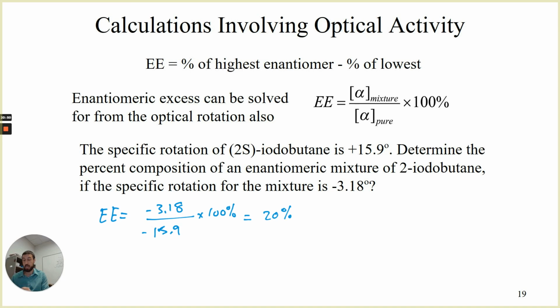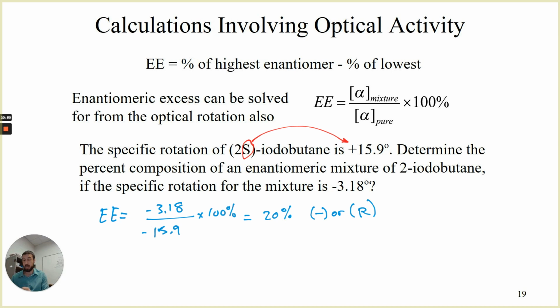And 20% what? Well, we could call it 20% minus, or we could call it the 20% R. How do I know it's R and not S? I thought we said S and the plus and minus system was different from the R and S. It is, but I've already established that S is positive. The question told me that.